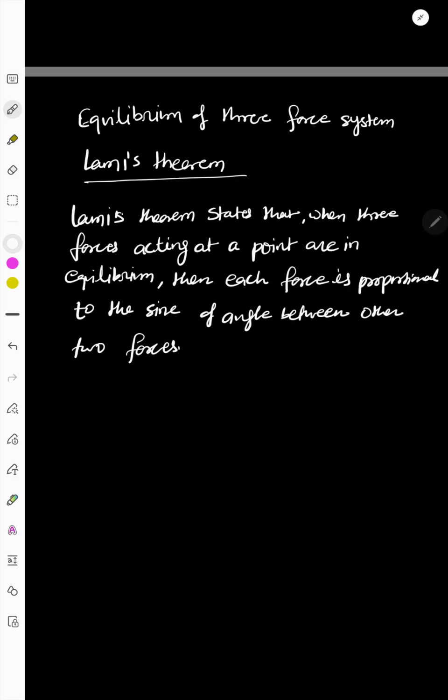Let us see the derivation of Lami's theorem. So this was the statement.